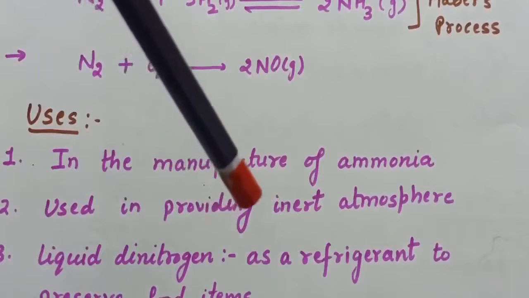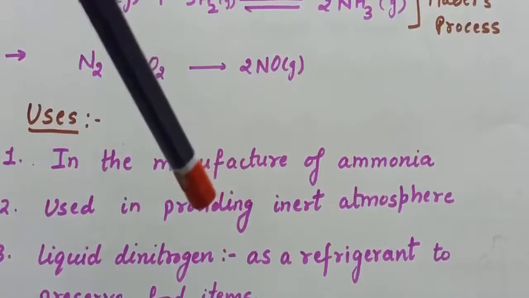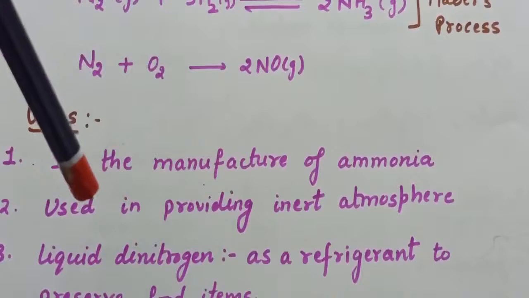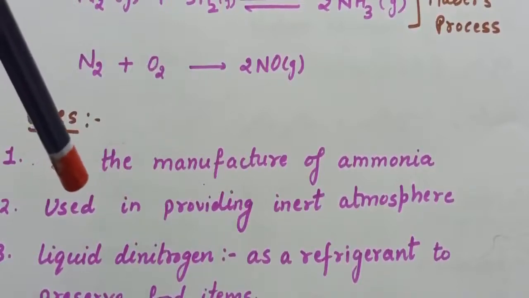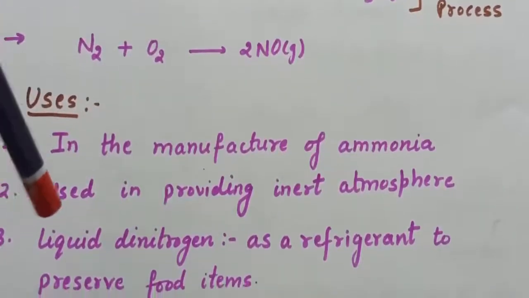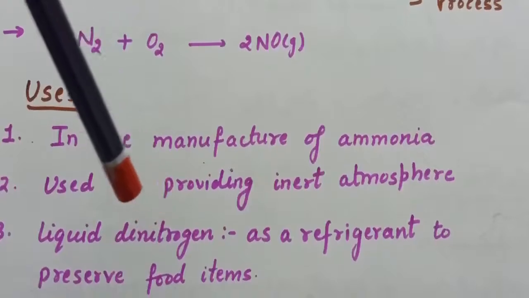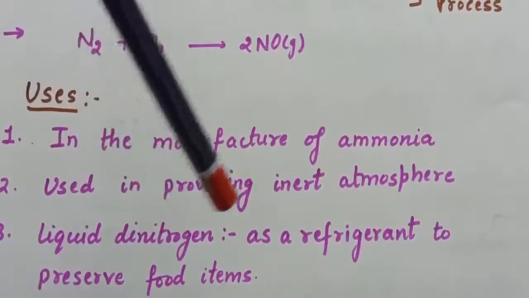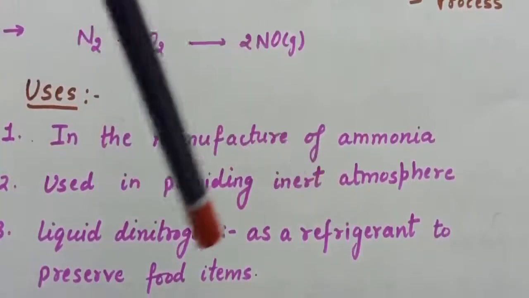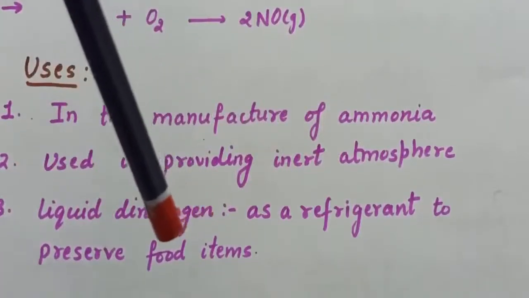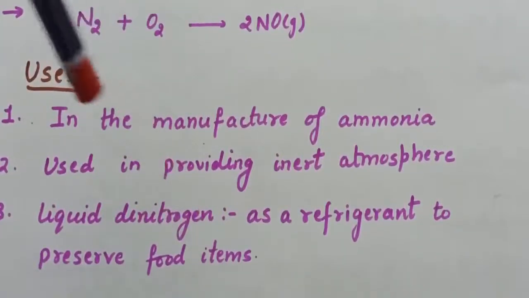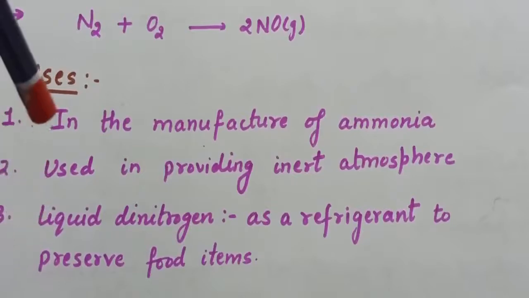That is, in iron and steel industry where inert atmosphere is required, we use nitrogen gas. Third is liquid nitrogen. This liquid nitrogen is used as a refrigerant to preserve food items and biological materials. So these are the uses of dinitrogen.